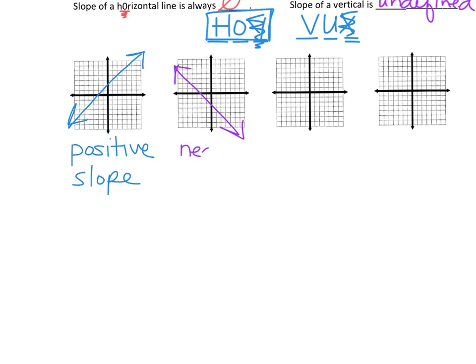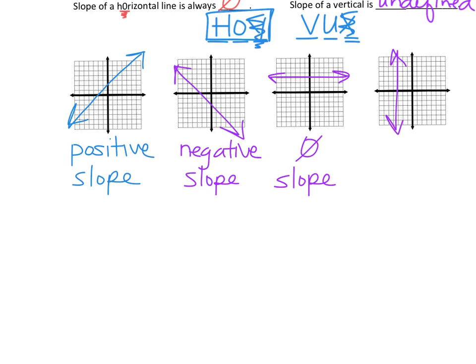If it's on its way down, it's a negative slope. What is it going to be if the line is horizontal? 0 slope. And what's it going to be if it's vertical? Undefined slope. Okay, any questions on that?